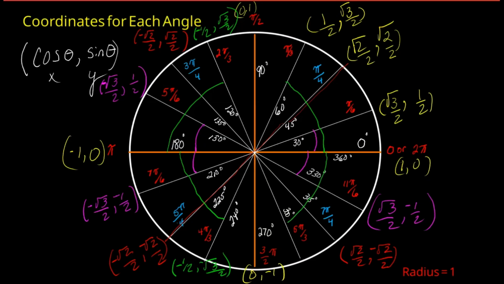So again, it's going to be 1/2 and the square root of 3 over 2. And our signs, x is positive, y is negative. So basically, we have done the entire unit circle. You now know the angles, and you know the coordinates for each one.